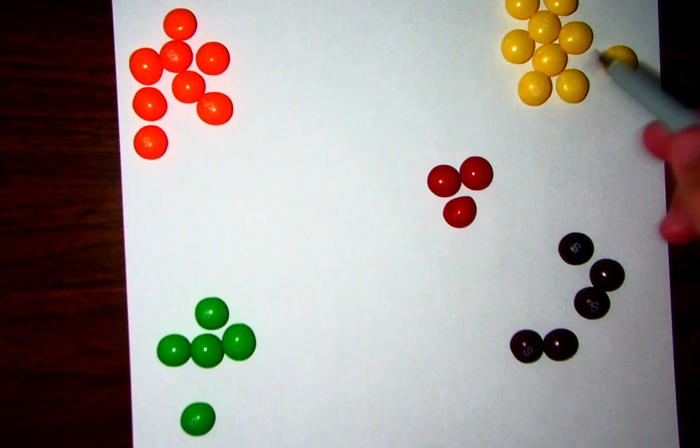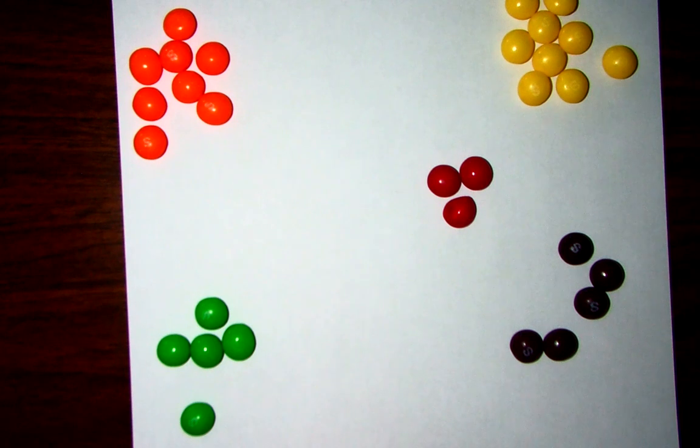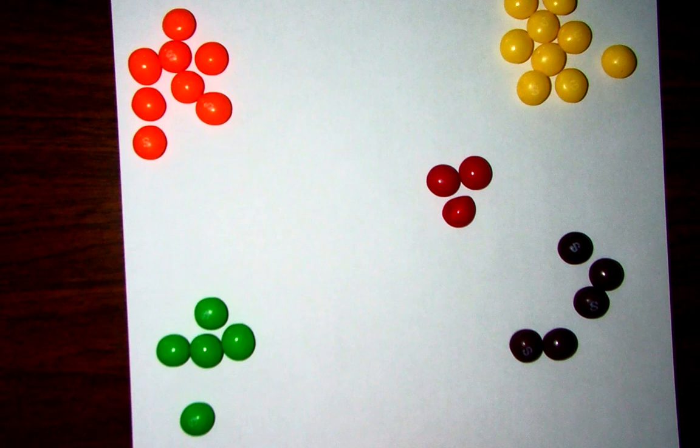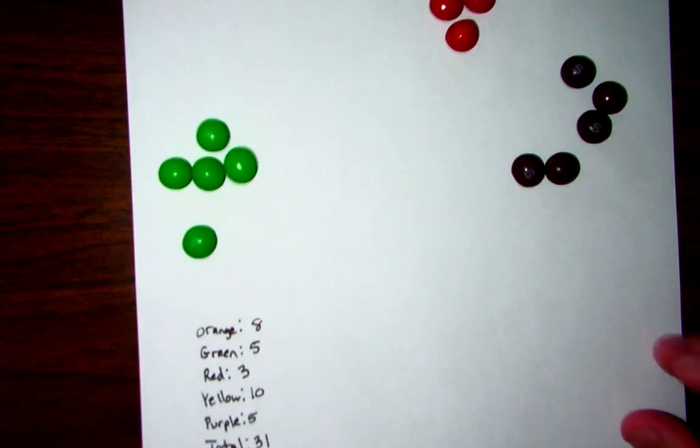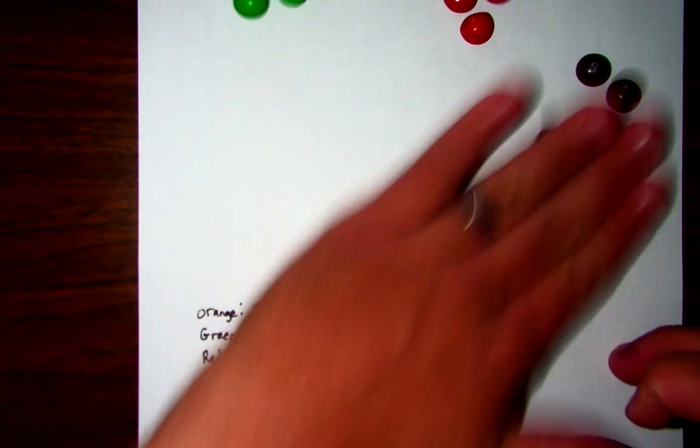Let's see, yellow's 3, 5, 7, 10. Purple is 5. And the total amount of Skittles is, let's see, there's 10, 20, 31 Skittles. So here's my totals.